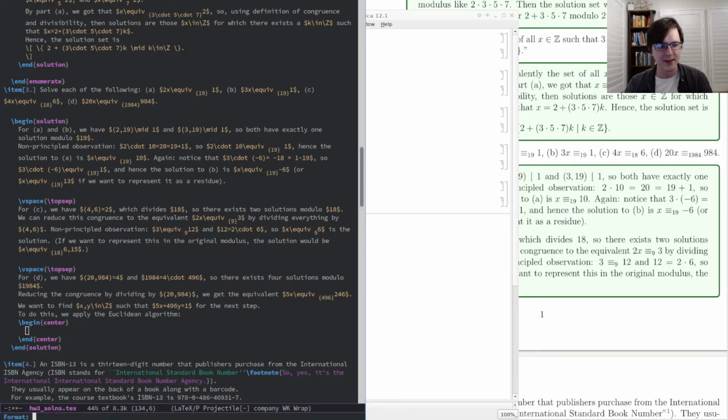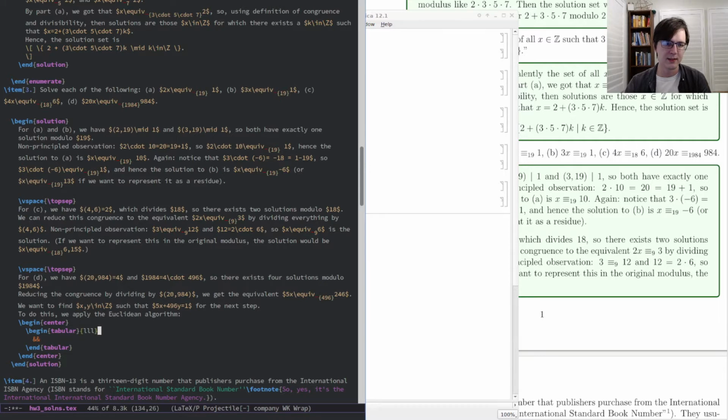We can figure out how we're going to do this in tabular form. I was thinking of having columns A, B, and A mod B. Let's start with that. These letters are just so that we know what we're talking about. We'll put the larger number first.